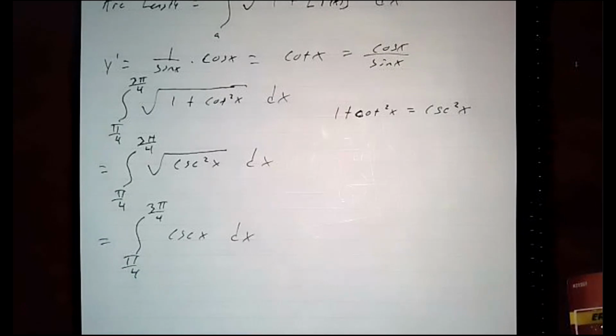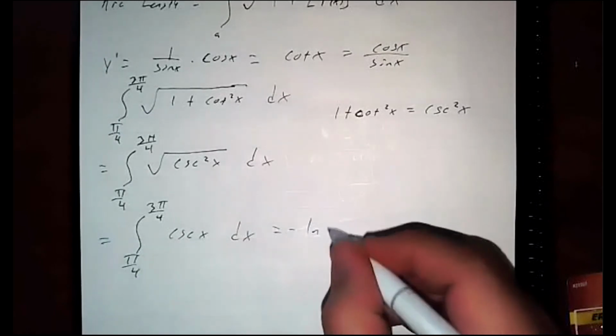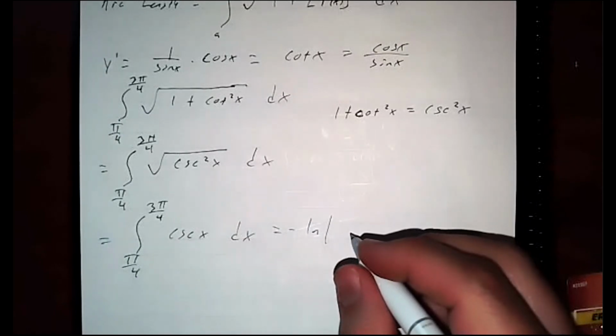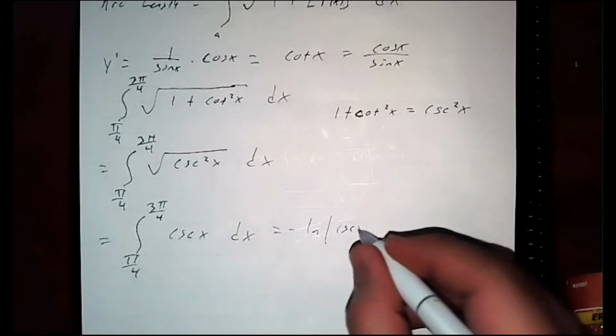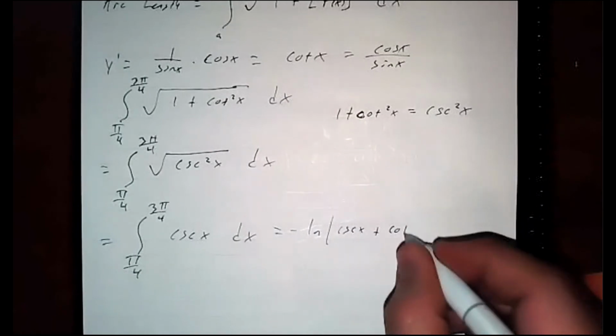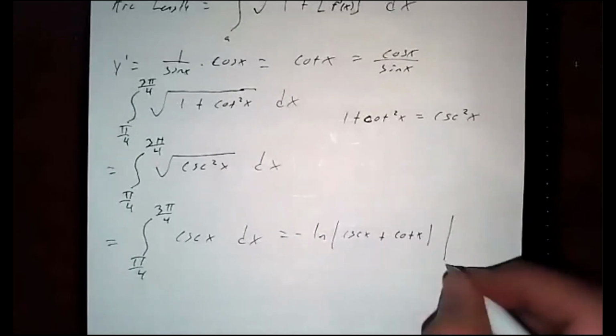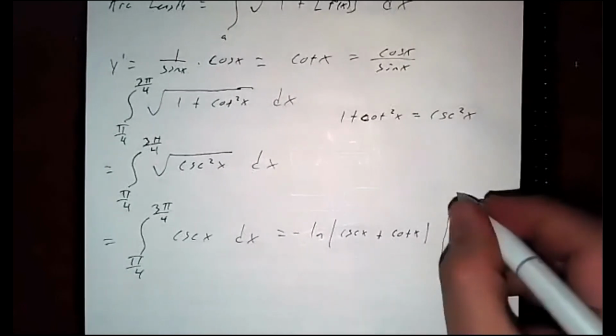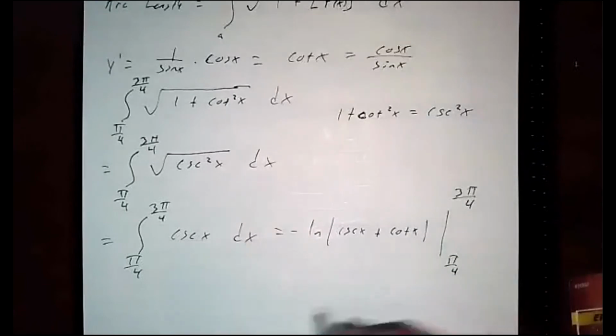Yeah, that's right. Sorry, I was double checking. Negative ln of cosecant x plus cotangent x from pi over 4 to 3 pi over 4.